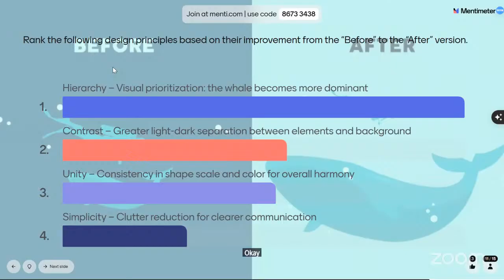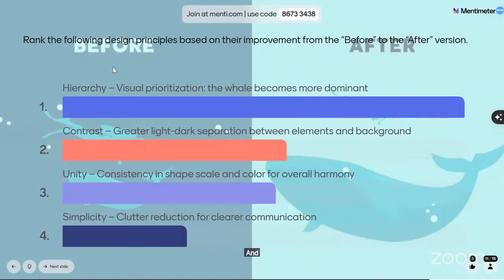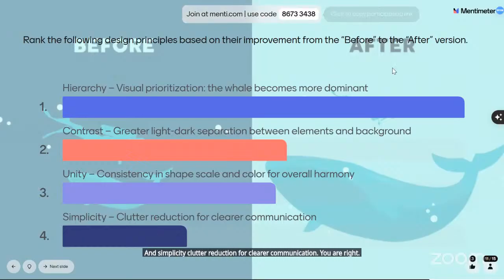Okay, so hierarchy, visual prioritization, the view becomes more dominant. Yes, in the background there is contrast, greater light-dark separation between elements and background. There is unity, consistency in shape, scale, and color for overall harmony. And simplicity, clutter reduction for clearer communication. You are right.